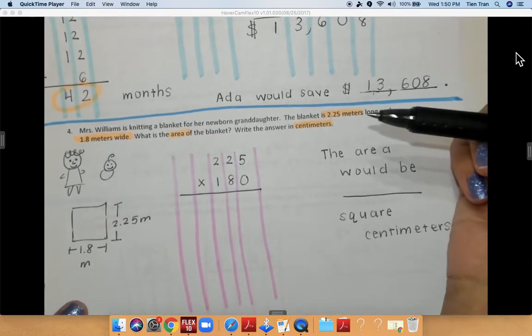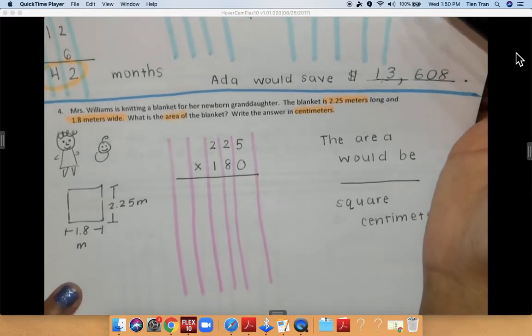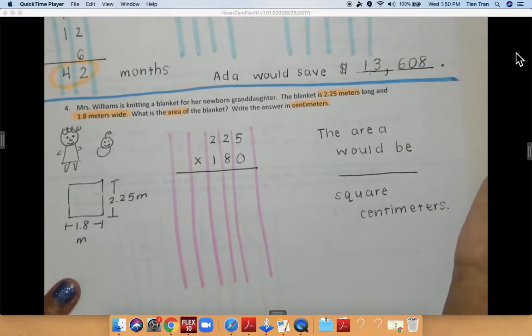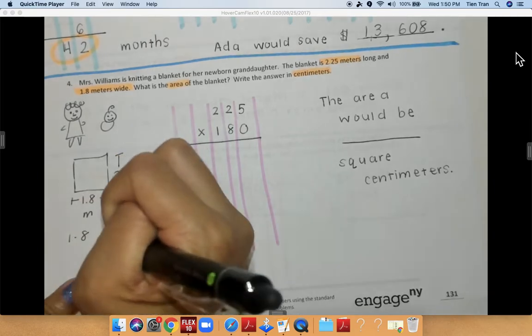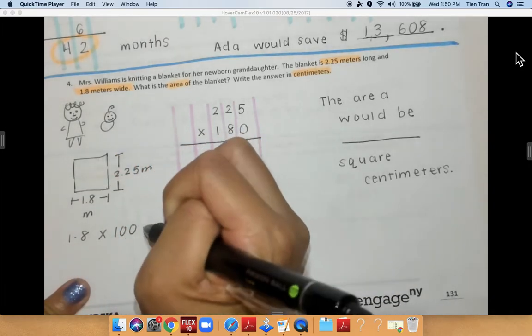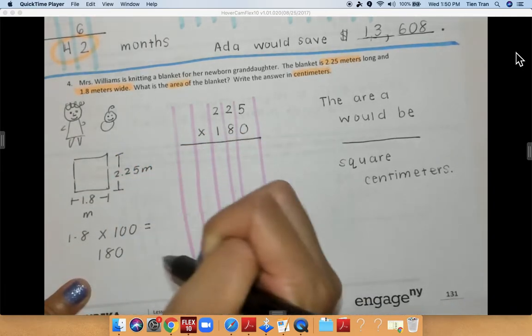So in order to convert a number into centimeters, you need to make sure you're multiplying it times what? You need to multiply it times 100. So 1.8 times 100 is going to give you 180.